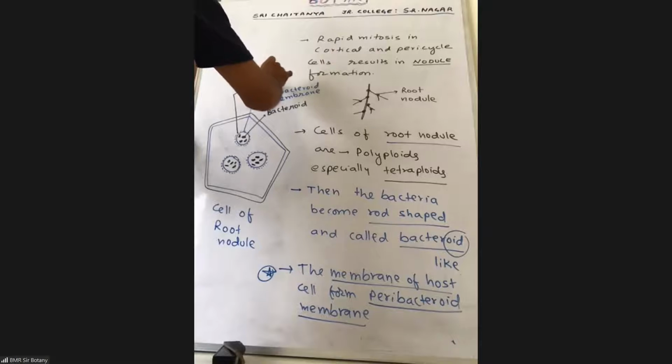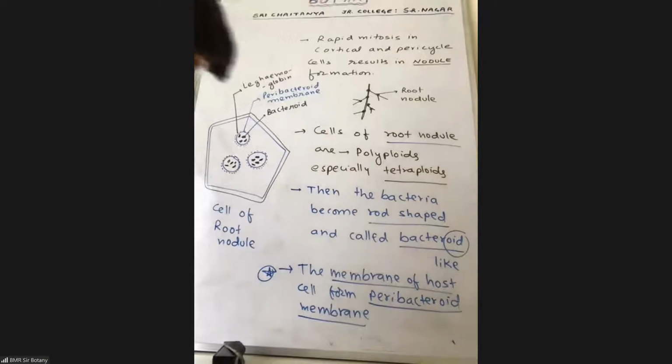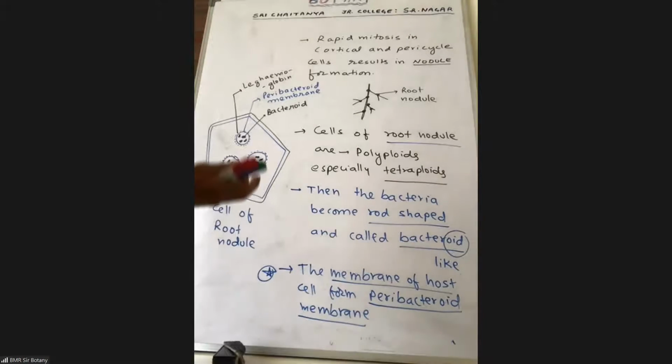Yes, very good. Leghemoglobin is causing a sort of compartmentation around. We know what tendency it has, absorbing oxygen. So it makes the area around these bacteroids free of oxygen. What color was the leghemoglobin pigment? Red or pink. Very good.